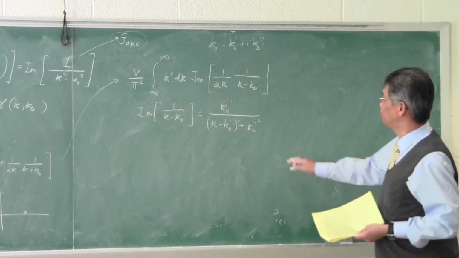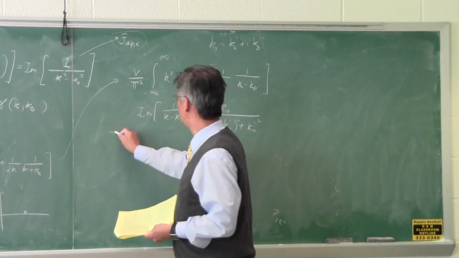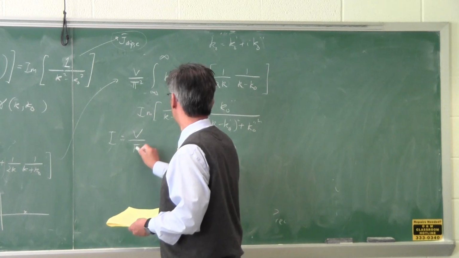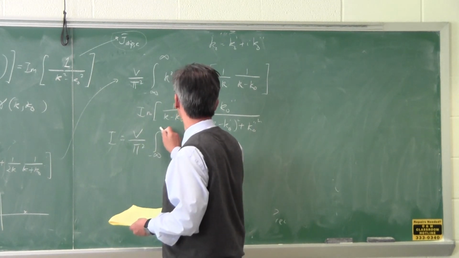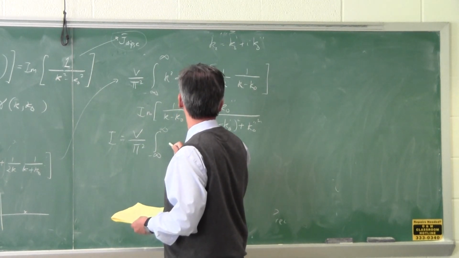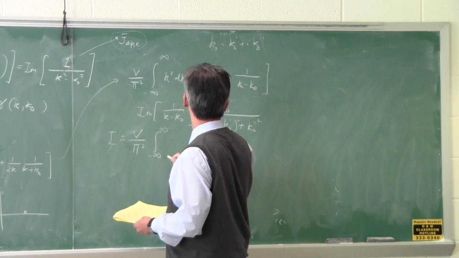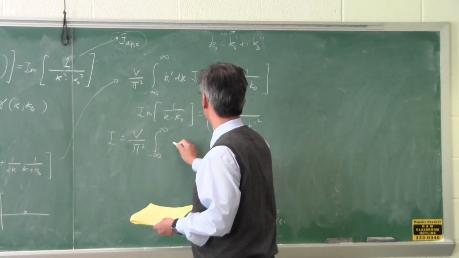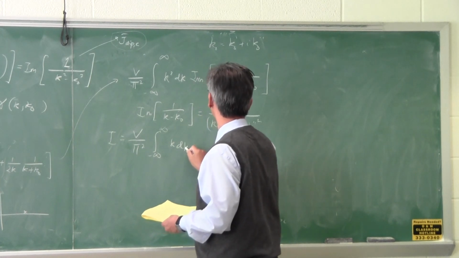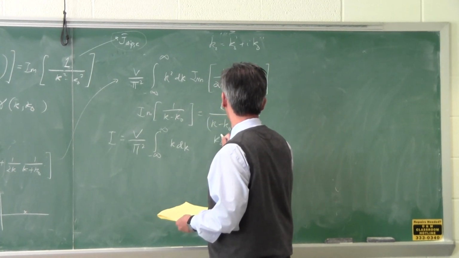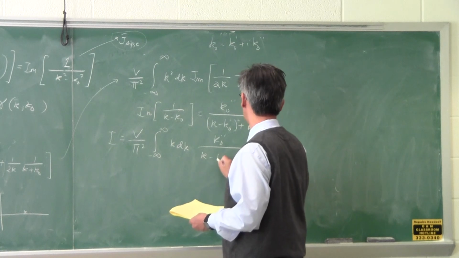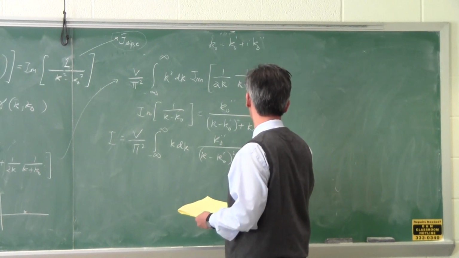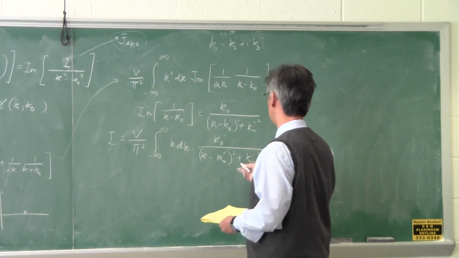Okay. Now if you plug it in and replace this with this integral, this k cancels with that k, so you have actually k dk, k naught double prime over k minus k naught prime squared plus k naught double prime squared.